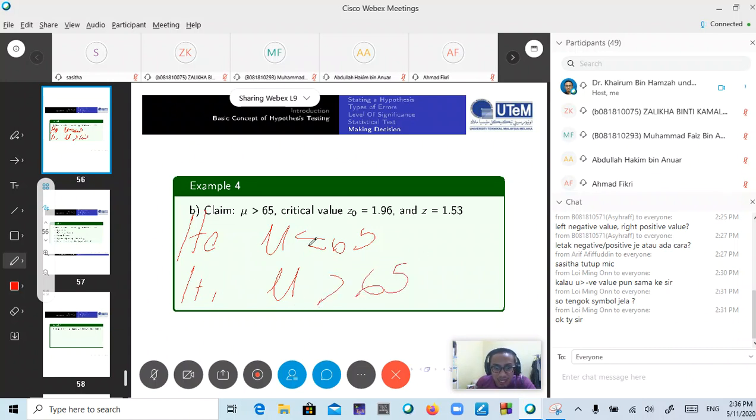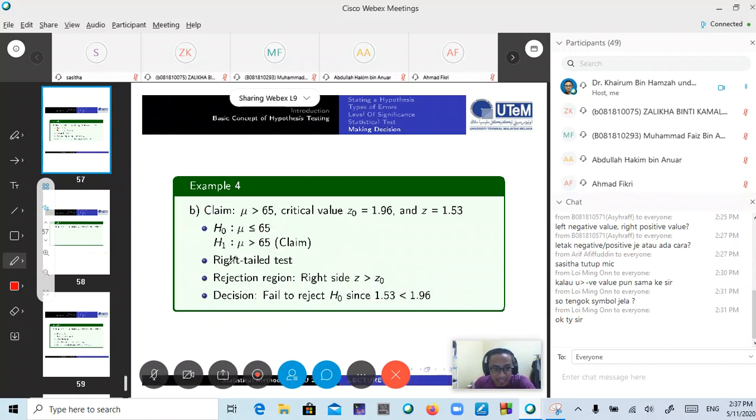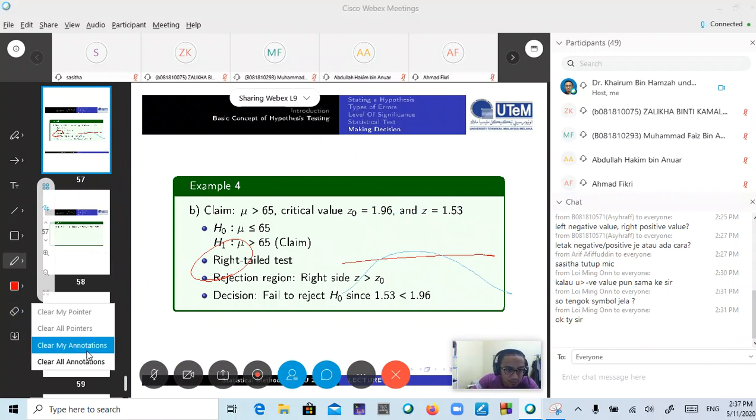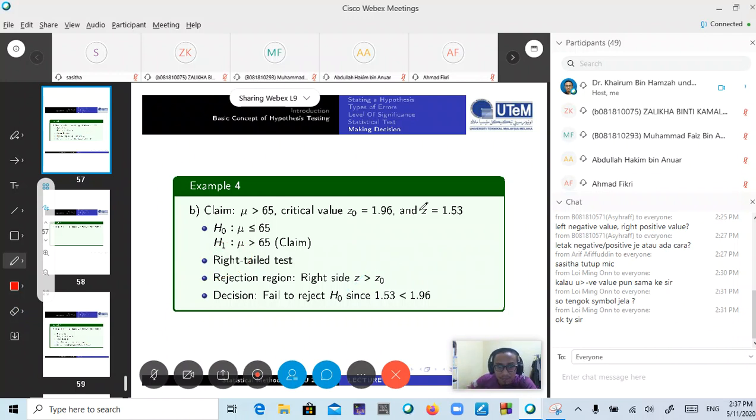Since your H1 is greater than, this one is a right tail. So right tail, you draw the bell shape, with the rejection region on the right tail.